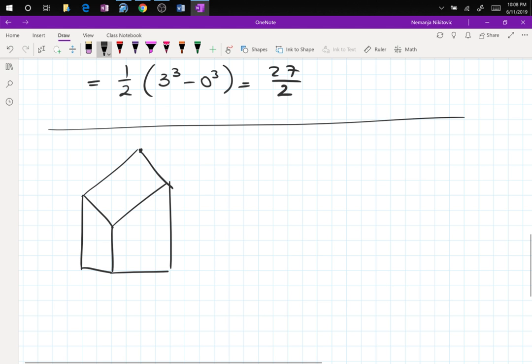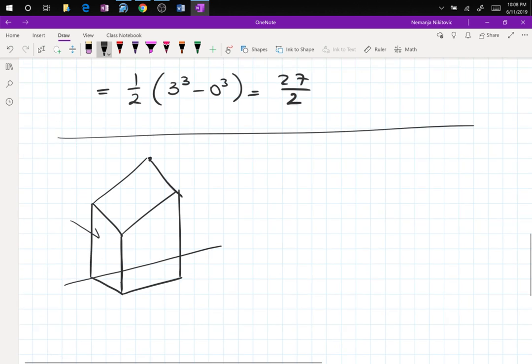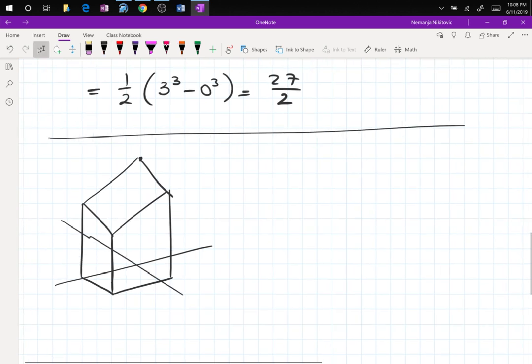Okay, so this one needs to go a little bit lower. So what I have here is some kind of a shape.